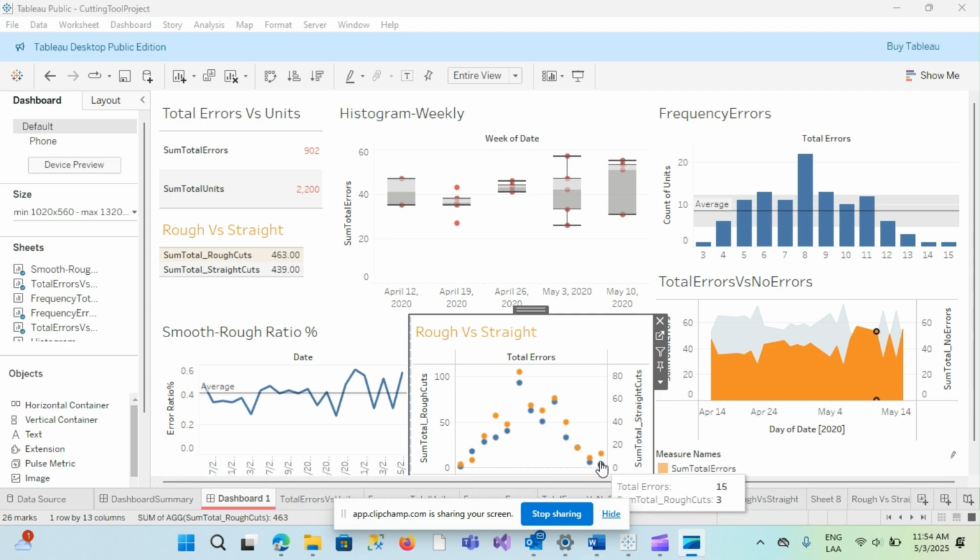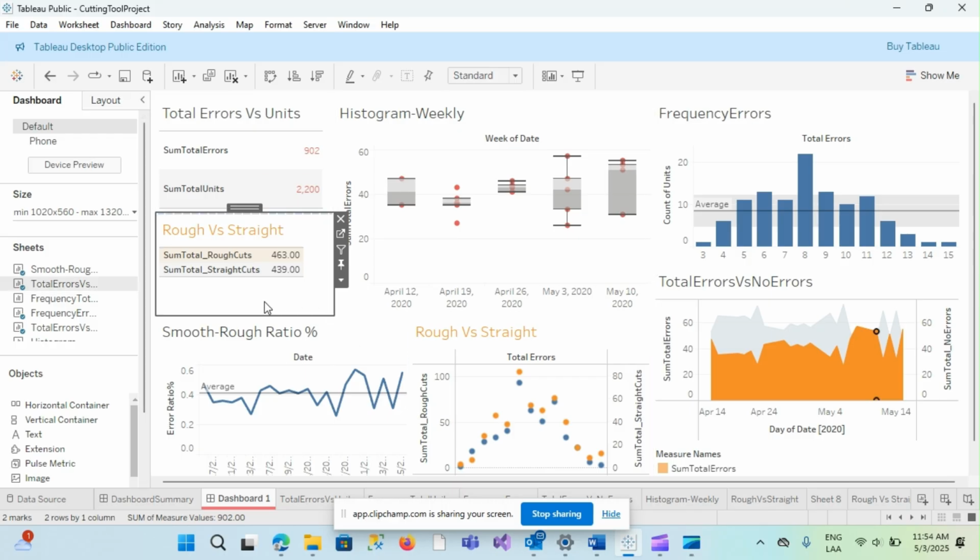And at the end of the experiment, there's not a lot of variance between these two variables. Right here, we got the summary, and we got all the rough cuts, 463, and all of the straight cuts, 439. So it's pretty much the same.